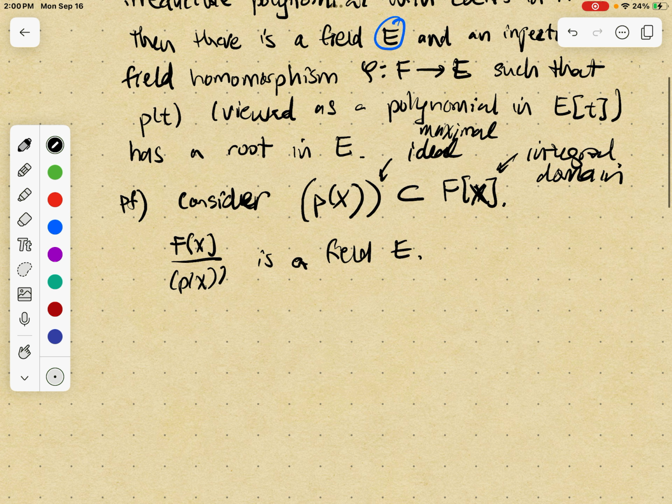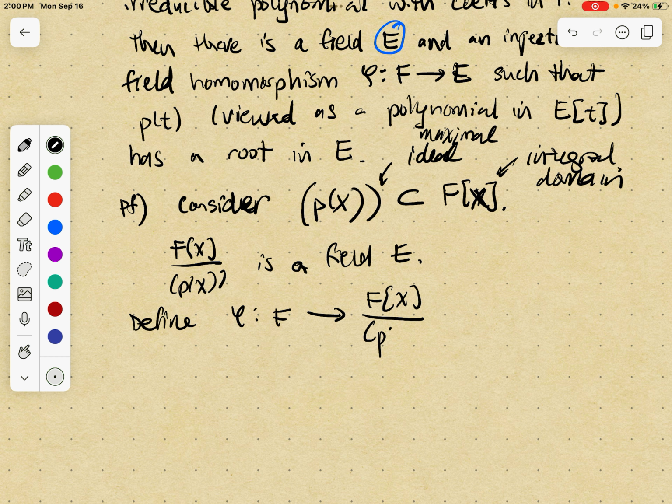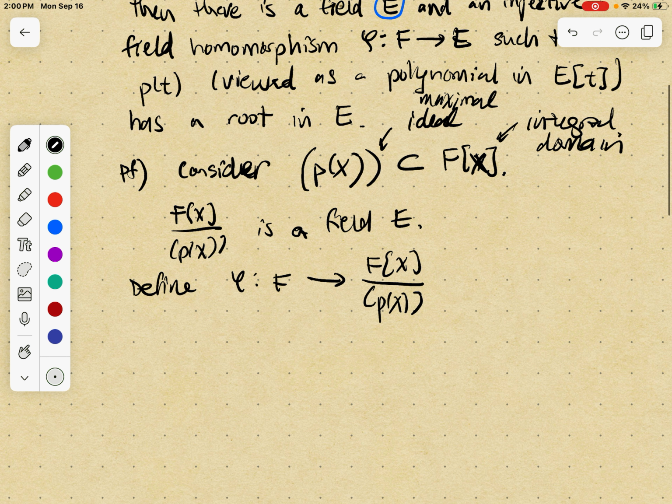Okay, now what's the map? We have to define a map phi from F into E. We define phi from F into this polynomial quotient by just the natural map: A maps to the coset A plus the ideal.